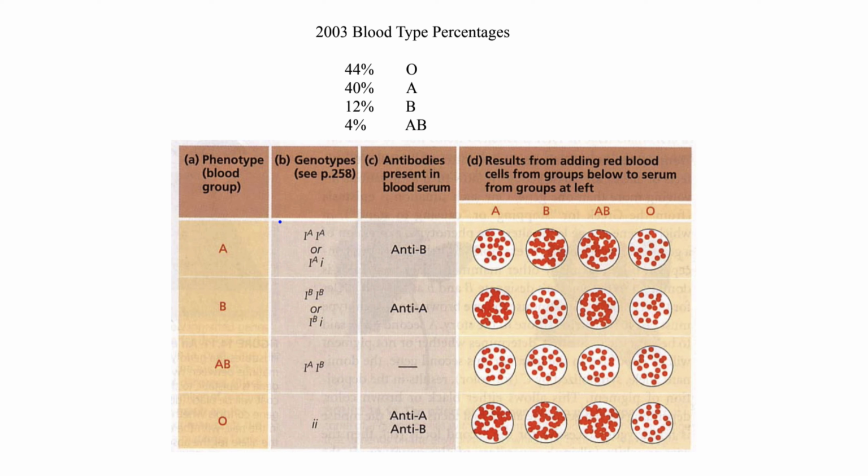And just an important thing to note as well is, again, dominant and recessive does not mean something is more or less common. O-type blood in 2003 in North America was actually one of the most common types of blood.